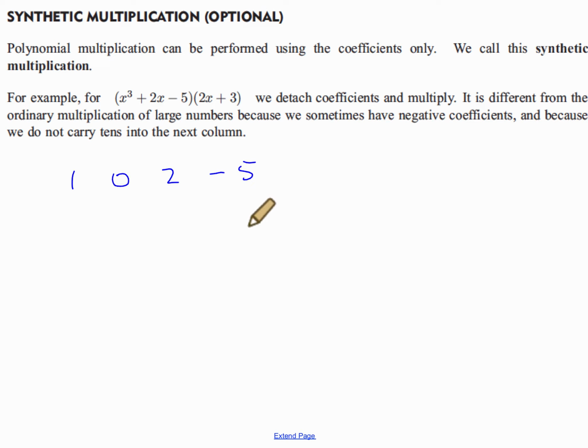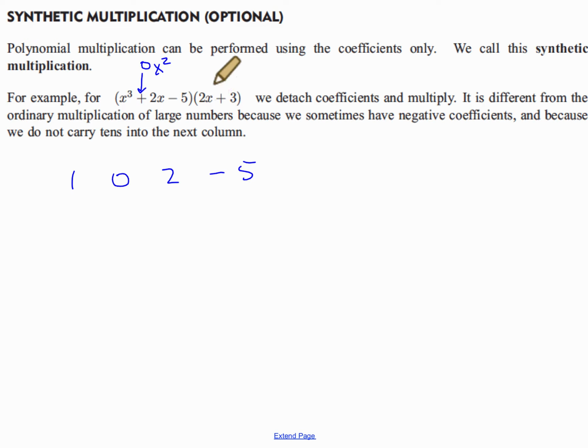But Mr. Becker, where did the 0 come from? Well, if you look at our exponents, we went from x cubed to x to the first, and what's really there, but we never write, is a 0x squared. So if you have an exponent missing moving downwards, then you must enter a 0 for it if you are going to use synthetic multiplication.